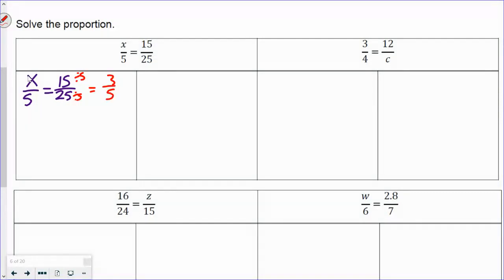So right there tells me that x should equal 3 because this is where my fifth is and that's a fifth. But that's not always the case. So let's look to see how we would solve this using our cross products. I want to take my 25 times x, they are diagonal from each other. Then we take our 5 times 15. Now you can use the parentheses or the dot. Then we make our one-step equation. Oops, I forgot my 25.